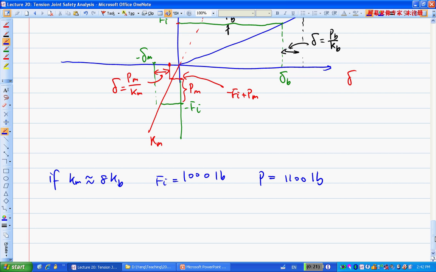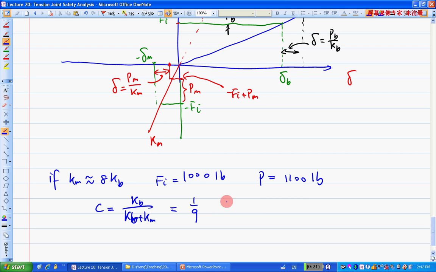Let's see what happens when we have this capital P applied. What will be the resultant load on the bolt, and what will be the resultant load on the member? Just hypothetical values here. So how do I calculate? First, we calculate the C value. We need the C value to do the calculation. 1 plus 8 is 9, so that's 1 over 9.